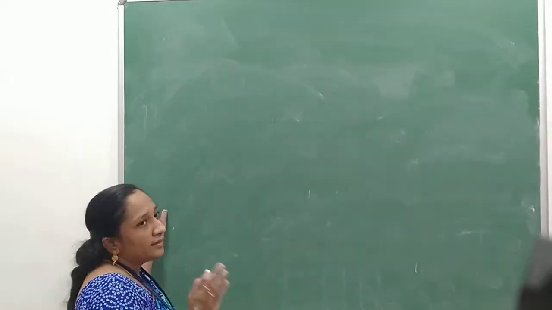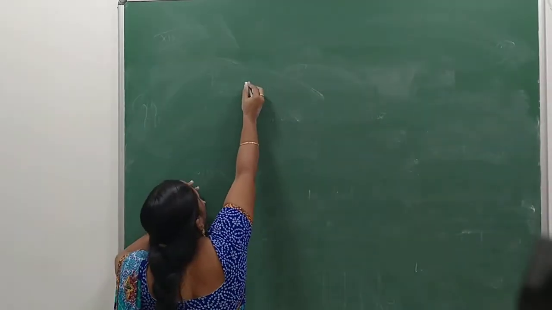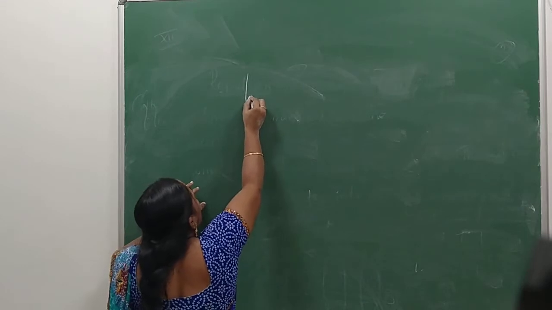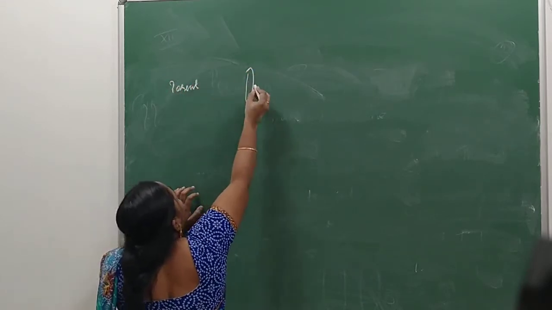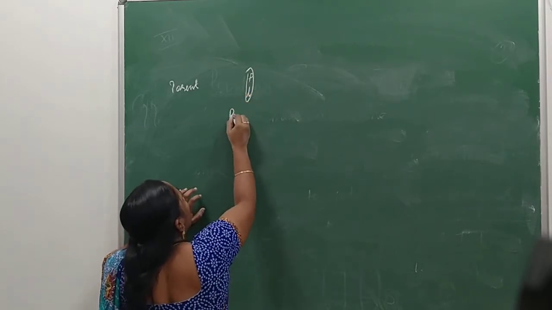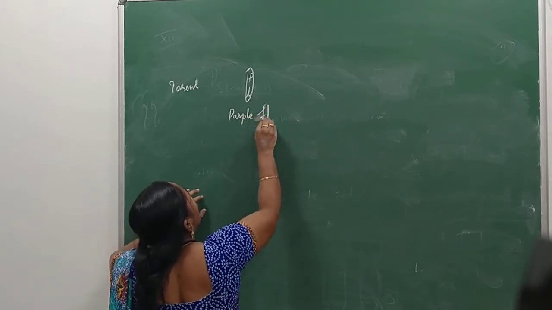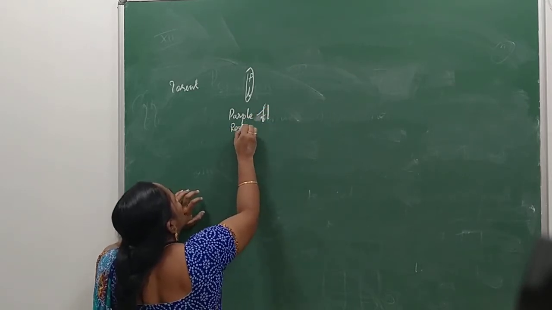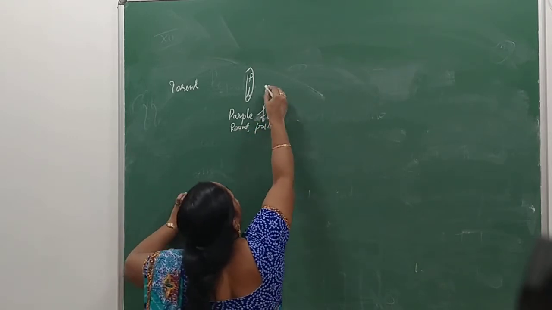So here, there are 2 different alleles. The parent is taking purple color flower with round pollen tube.